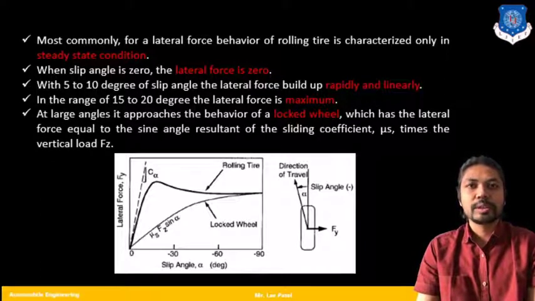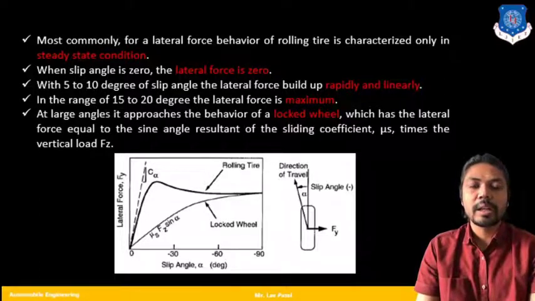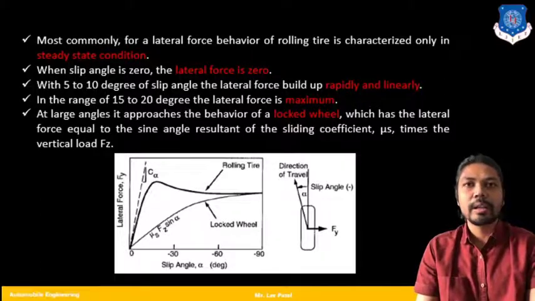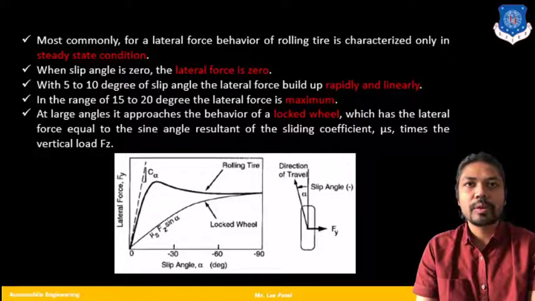So it is almost like a locked wheel. Here you can see the locked wheel diagram at 30 degrees, 60 degrees or 90 degrees. The wheel is going to lock.